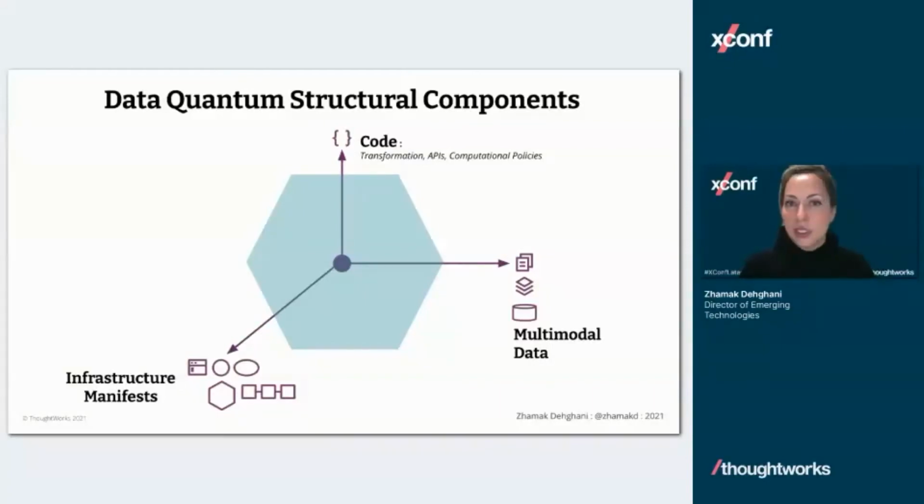So some form of an infrastructure manifest. And most importantly, it needs to have code, computation that keeps that data alive. I cannot think of a single piece of information that won't change, or our understanding of it won't change. So we still need to have that transformation code along with the data, along with our requirements around the infrastructure that will host it, as one unit, so that we can satisfy all of those concerns, discoverability and so on.